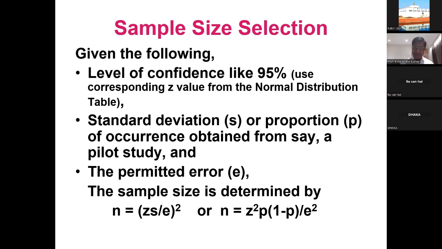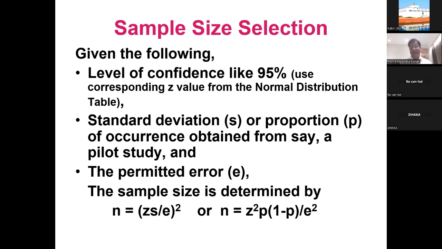Level of confidence, like 95%, use the corresponding Z value from the normal distribution table. Standard deviations or proportions, P of occurrence, are obtained from, say, a pilot study, and the permitted error E. So there is only a probability of 5% error here.